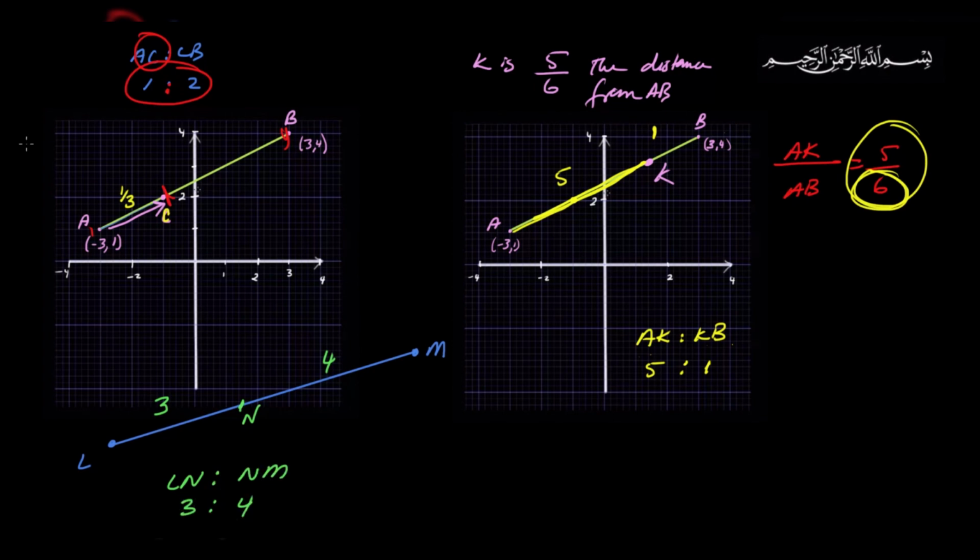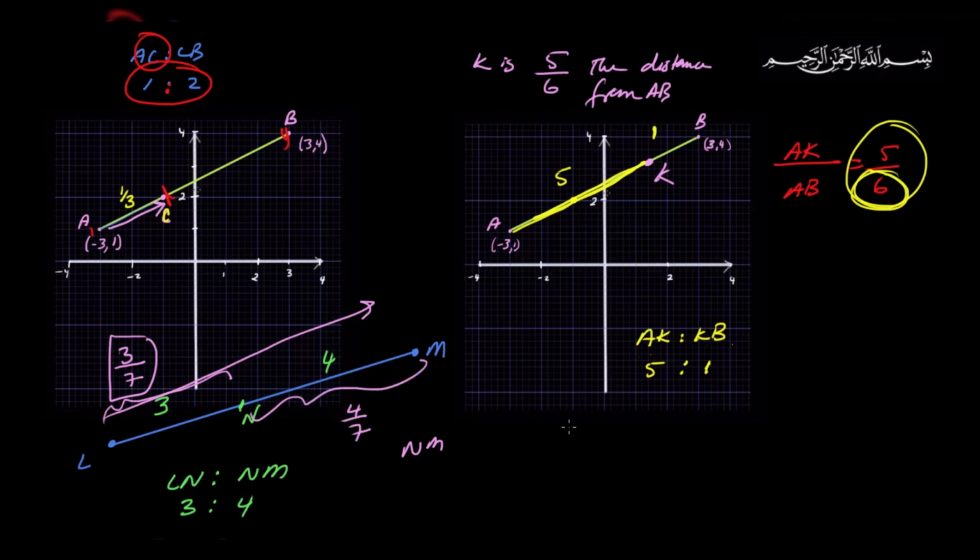Now what this means, I hope you understand, is that LN is 3/7 of the whole thing. And NM is in fact 4/7 of the whole thing. Compared to each other they're 3:4, but compared to the whole thing it's 3/7 and 4/7.